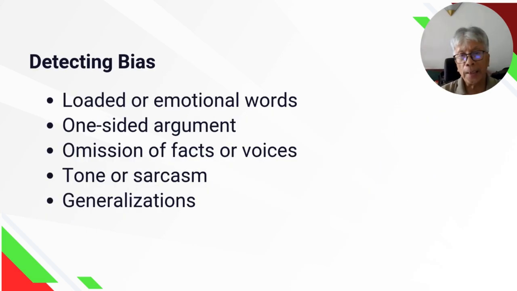Now, how to detect bias in a text? When it's loaded with a lot of emotional words, a one-sided argument only, incomplete or omitted facts or voices, a tone or sarcasm that you can recognize, or generalization, you can detect the bias in the text.